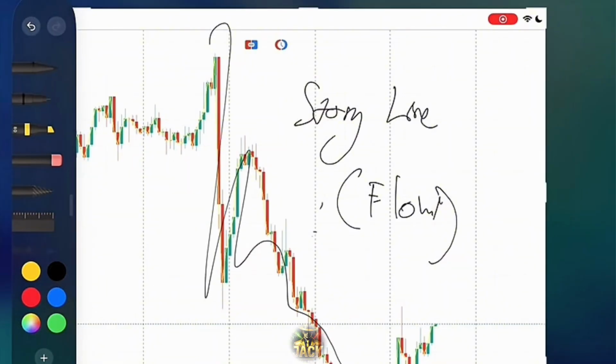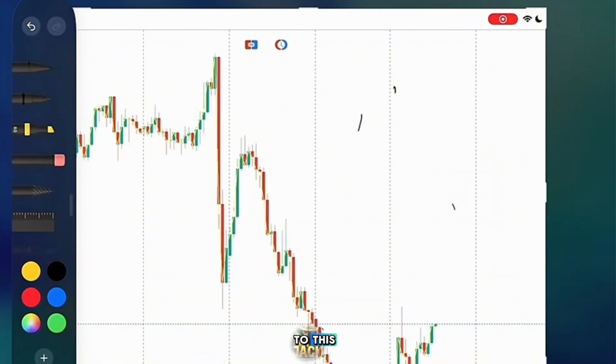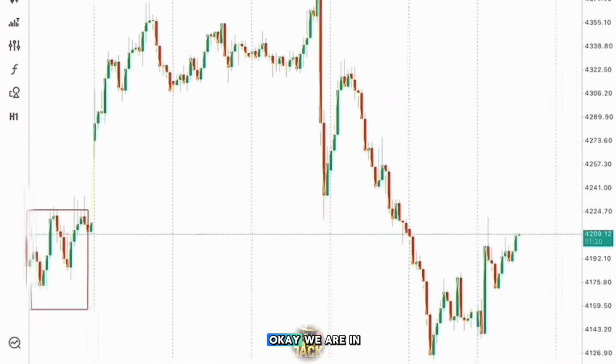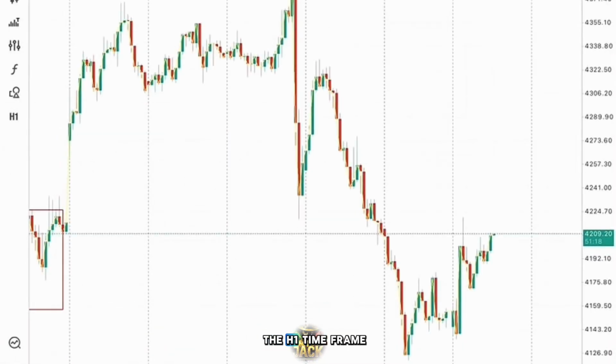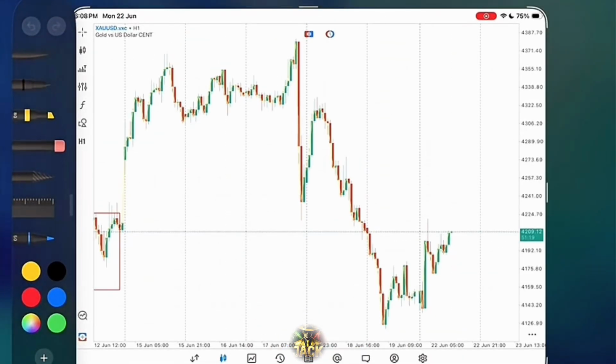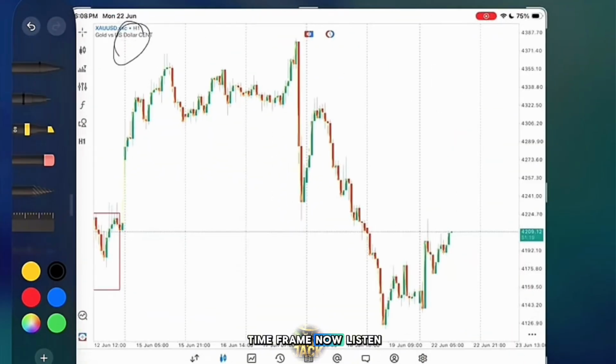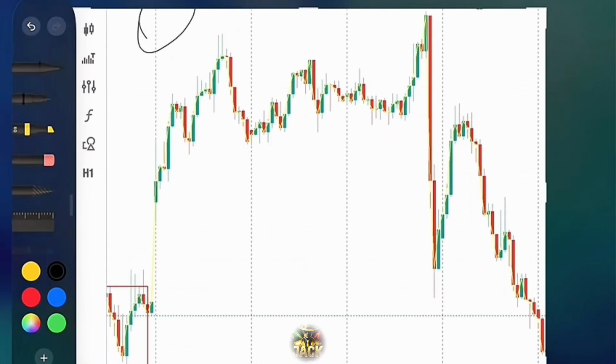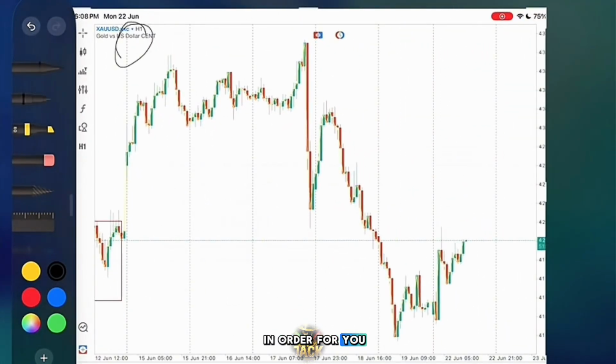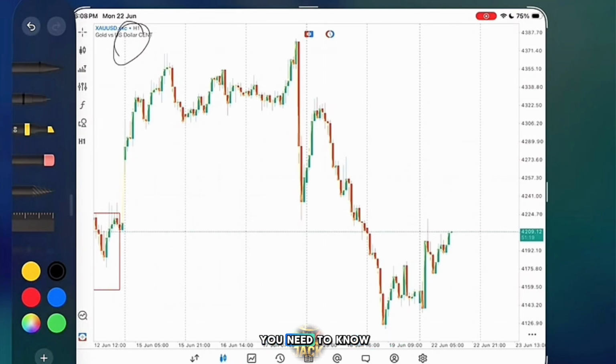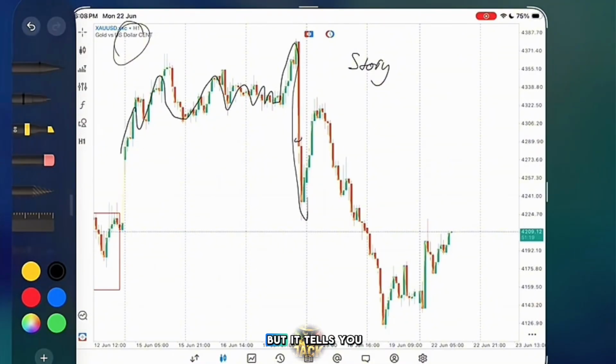Now, pay close attention to this. We are in the H1 time frame. Listen carefully. In order for you to understand the movement, you need to know the story. This chart here may look like a plain candlestick, but it tells you a story on what is actually happening.